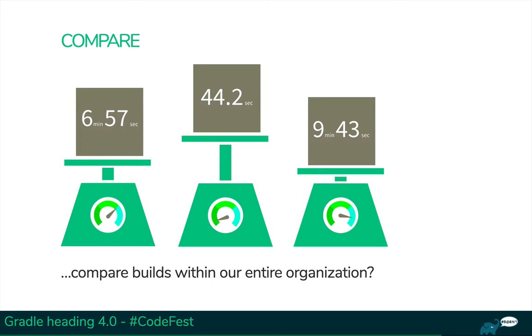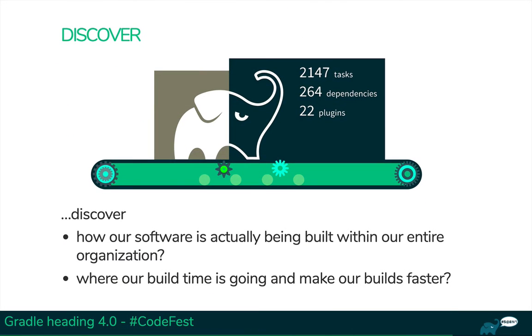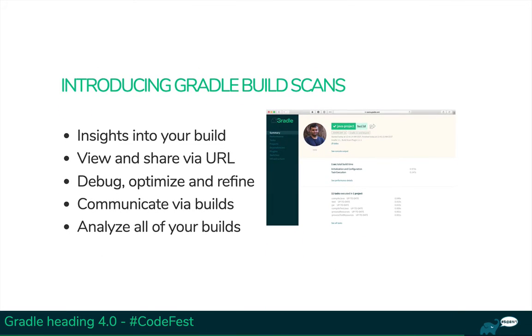Comparing builds and gathering that data is essential to make the right decisions, right? And also, wouldn't it be nice to understand how your developers use your builds? Do they use them as you expect, or can you give them some hints? Where's the build time going? What should I focus on to make things faster?